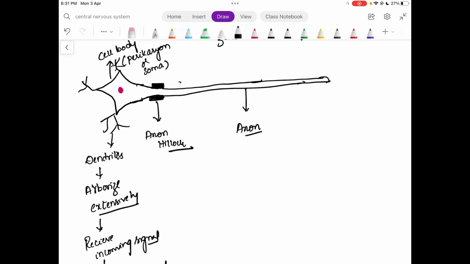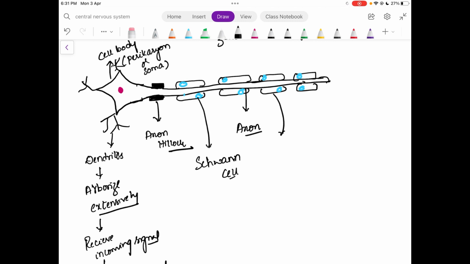And this axon will have coverings, called the myelin sheath. This myelin sheath is made of specialized cells called Schwann cells. This is a Schwann cell, and this is the myelin sheath.